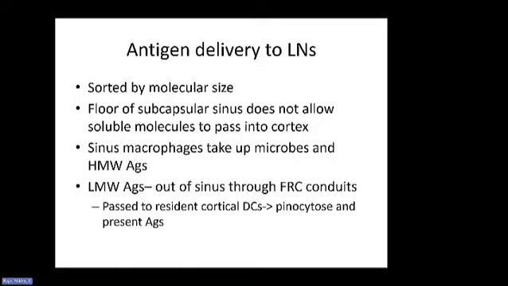So microbes and such antigens might be taken up as they enter the subcapsular sinus by the sinus macrophages. But the low molecular weight antigens can get out of the sinus through the FRC conduits. And they are passed on to resident cortical dendritic cells, which can take up those antigens and present them.